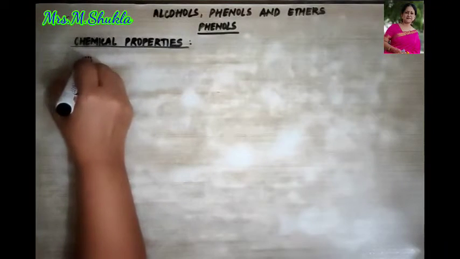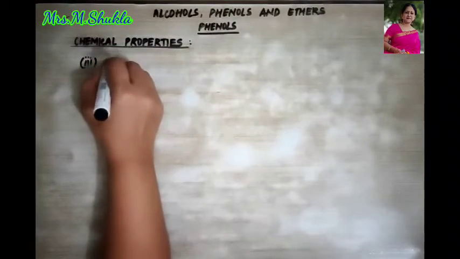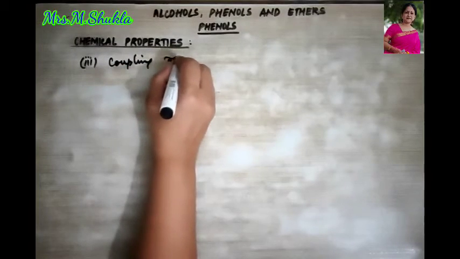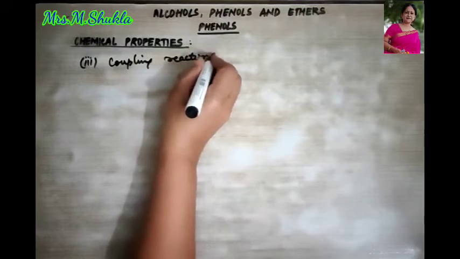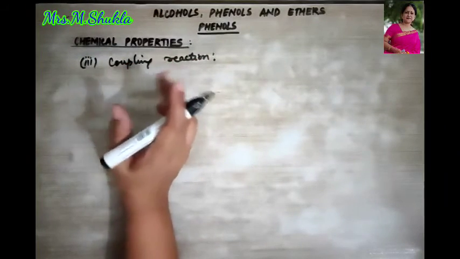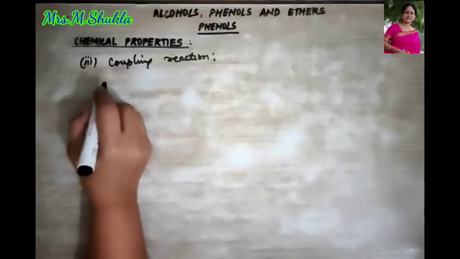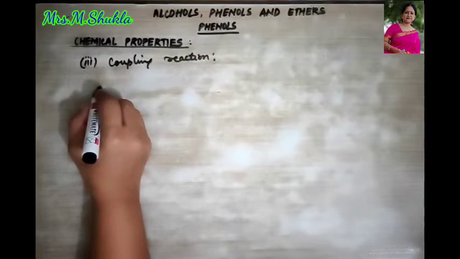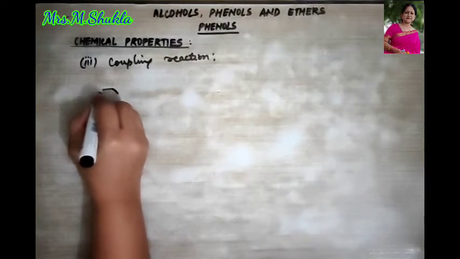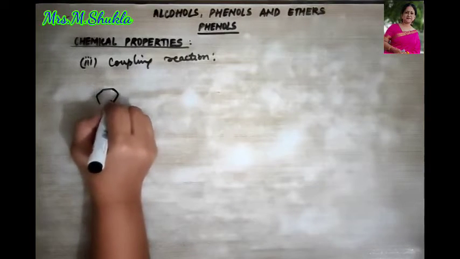Next, the third one is your coupling reaction. This is your coupling reaction. It gives bright colored Azo dyes. Okay, so over here the diazonium salt reacts with phenol. So let me draw a diazonium salt over here.